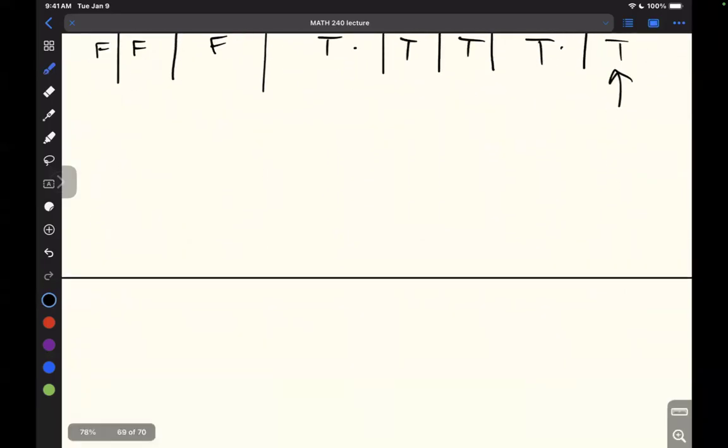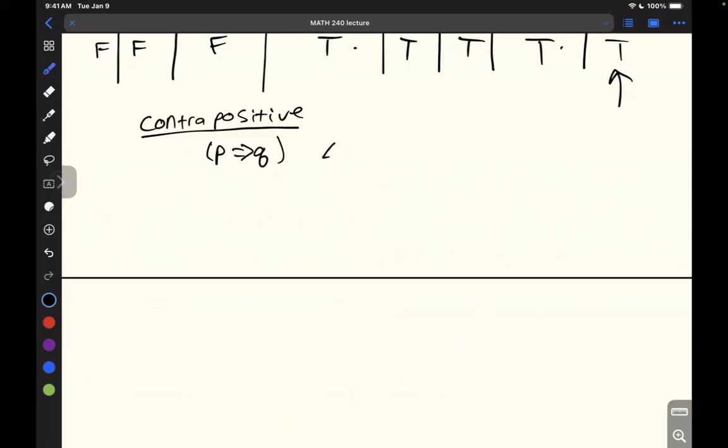All right, so there's also this notion of what we call a contrapositive. Which is essentially saying that if we have P implies Q, this is going to be equivalent to not Q implies not P. This is the contrapositive.